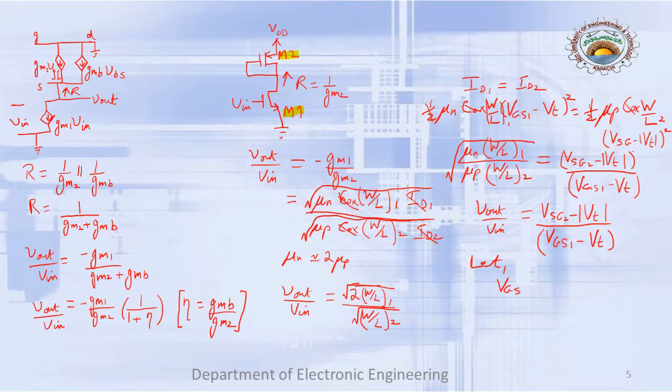So now the question remains, what is going to be the resistance seen from here in the upwards direction? And again, I believe that just by analogy, you can see that R is equal to, earlier it was 1 over GM2. Now there is GM2, and you can say it is now in parallel with 1 over GMB.